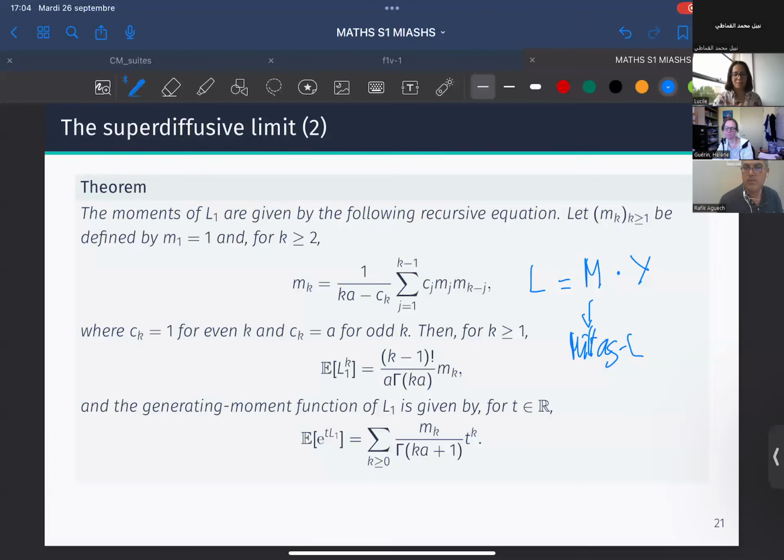I did not write it because L1 is the same as W, and LQ is ZQ times L1, where ZQ is just plus or minus 1 with probability Q or 1 minus Q. So the moments of ZQ are known. ZQ is independent of L1. So if we have the recursive equation for the moments of L1, then we have it for LQ.